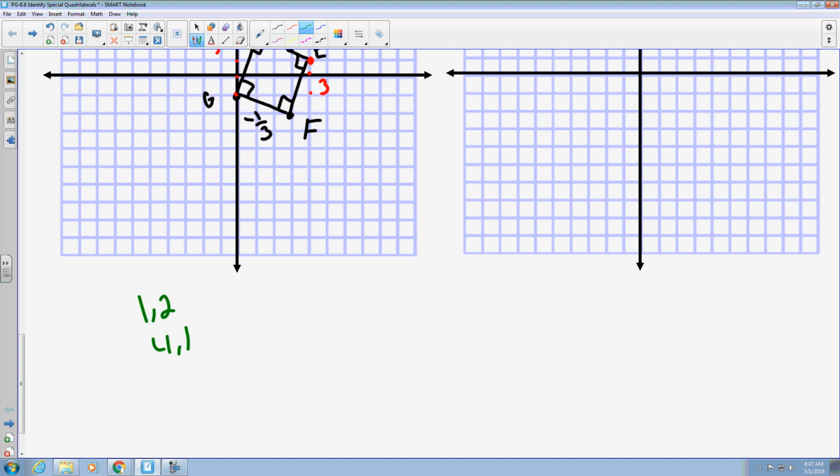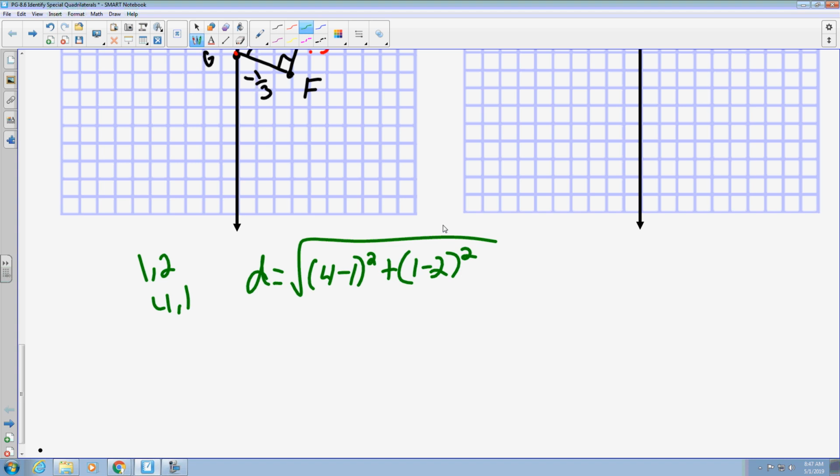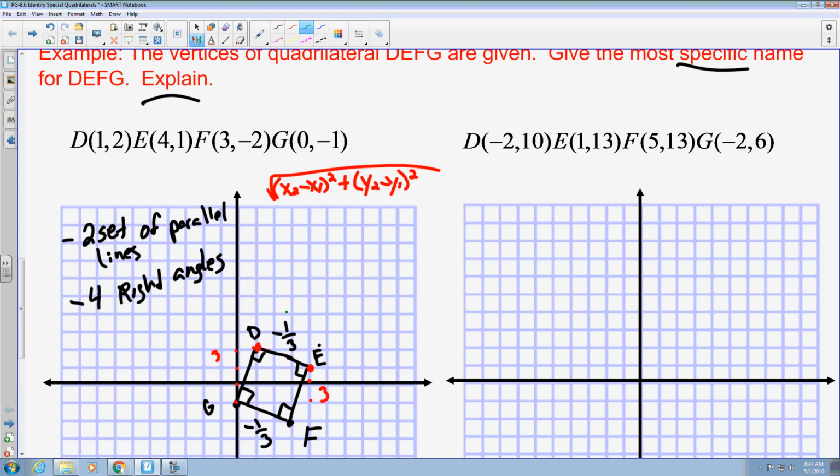So using the distance formula, the distance of this is going to equal 4 minus 1 squared plus 1 minus 2 squared. So 4 minus 1 is 3. 3 squared is 9. So I got the square root of 9 plus 1 minus 2 is negative 1. Negative 1 squared is 1. So I got the square root of 10.